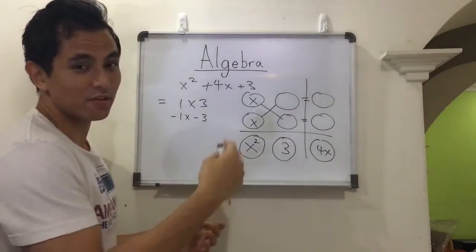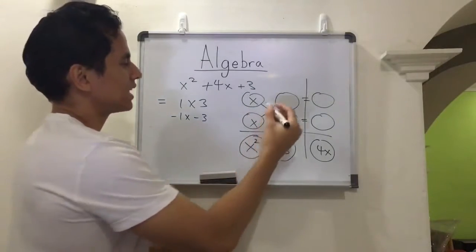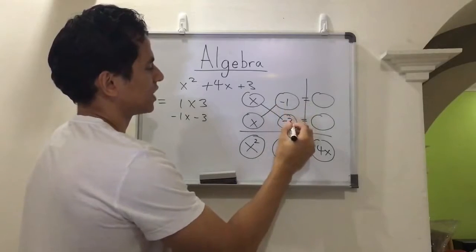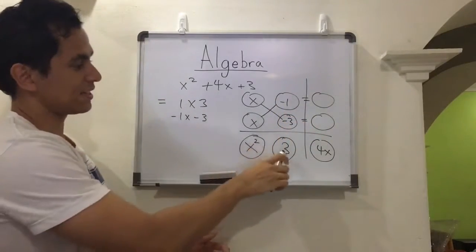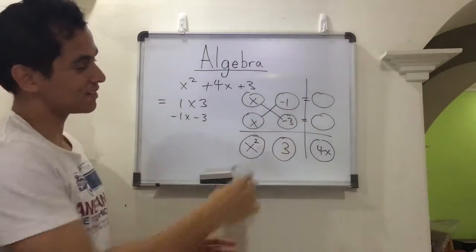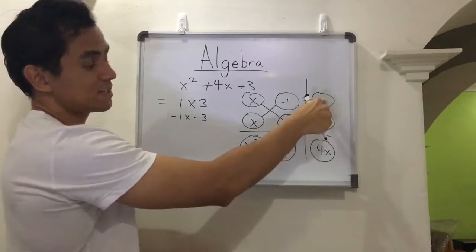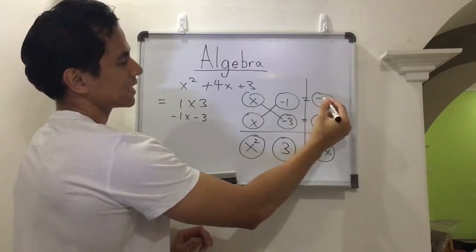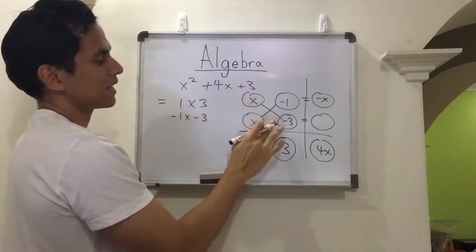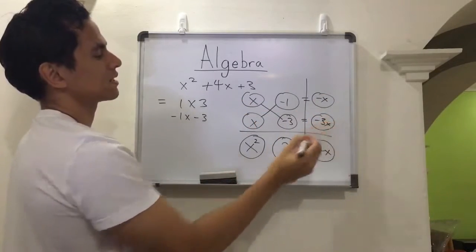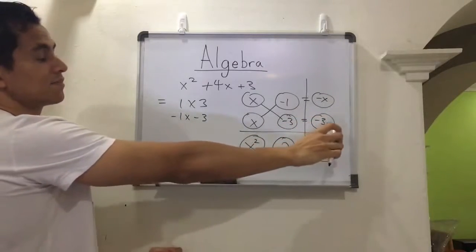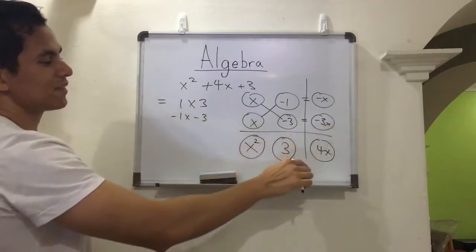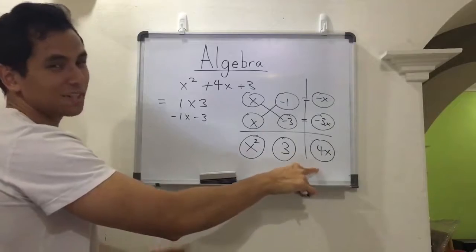Let's try. Let's get it wrong first, okay? I'm going to put in -1 and -3. Yes, it gives us 3, so it satisfies these 2, but will it satisfy these 2 now? We get x times -1 giving us -x, and x times -3 giving us -3x. So -x plus -3x gives us, wait, it doesn't give us 4x, right?